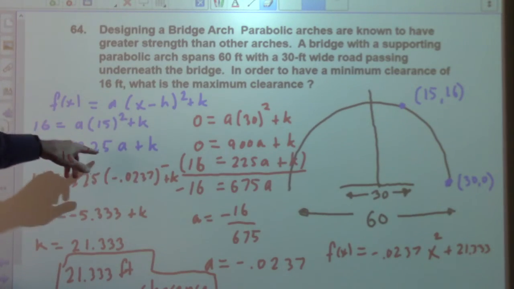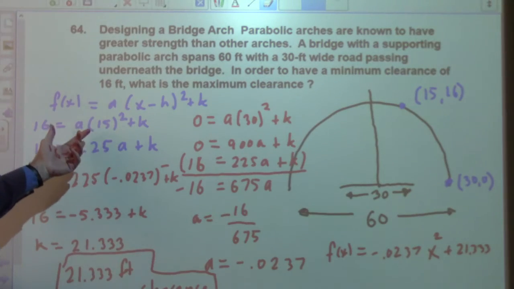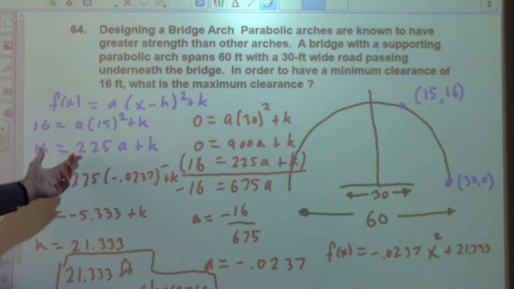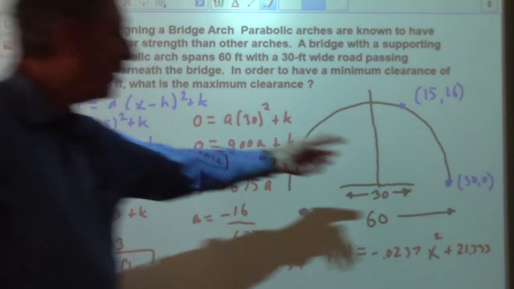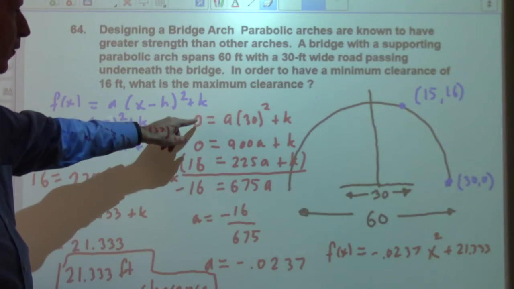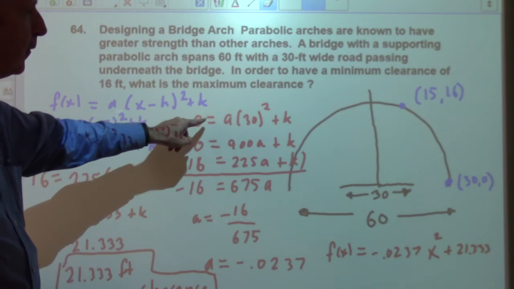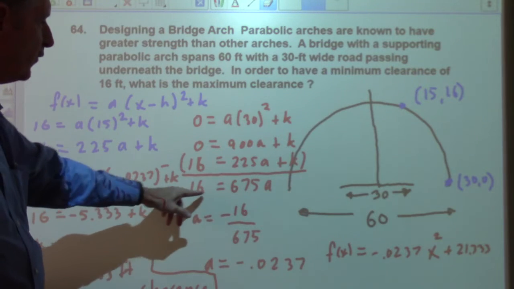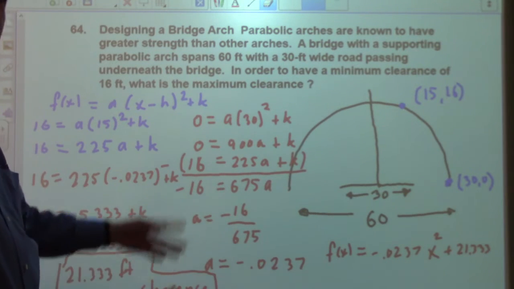If you use this point 15, 16, you get 16 equals 225a plus k. And then if you use 30, 0, you plug in 0 for your output and 30 for your input. Then you have this equation right here, and you can solve this system of equations.